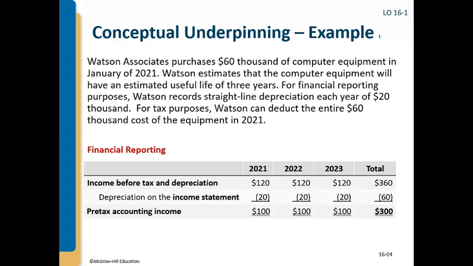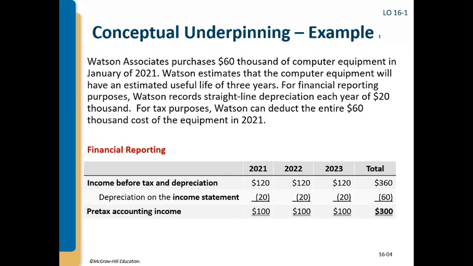And for financial reporting purposes, they record straight line depreciation each year of $20,000 per year. But for tax purposes, if you remember, you're actually allowed to deduct the whole amount in the year of purchase.